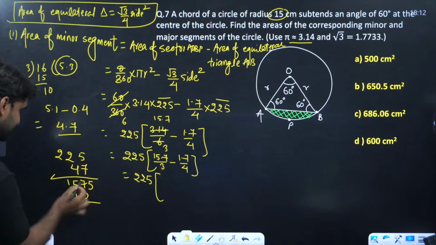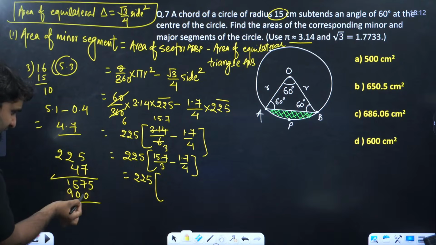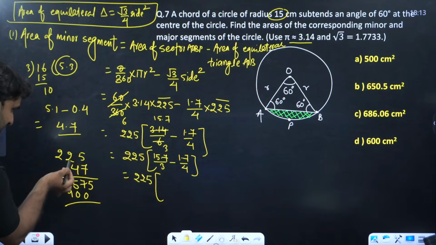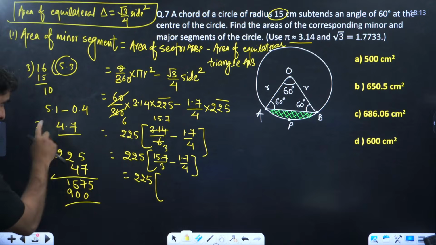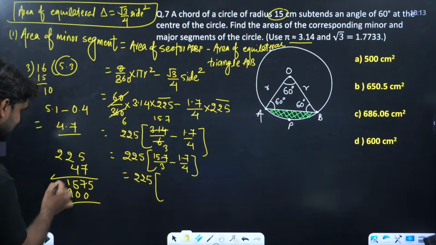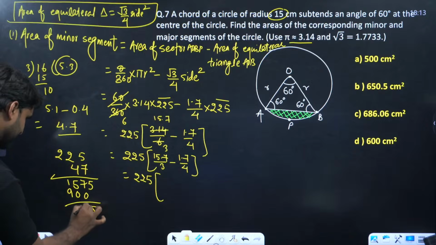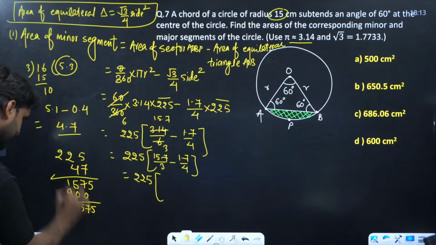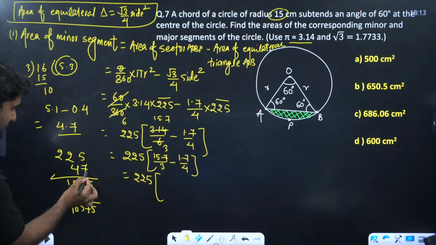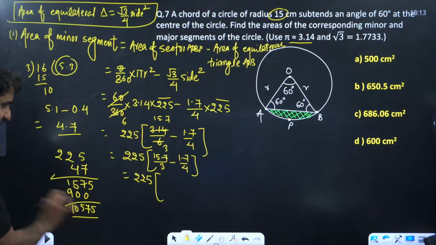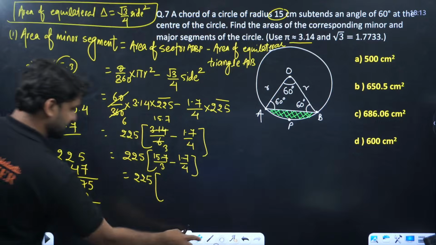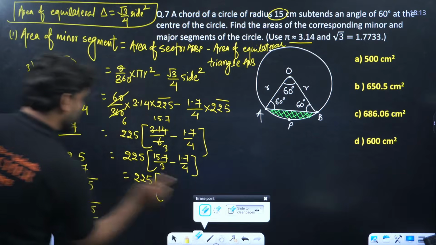I hope this is clear. We have 4.7. So this is 1057.5, right?